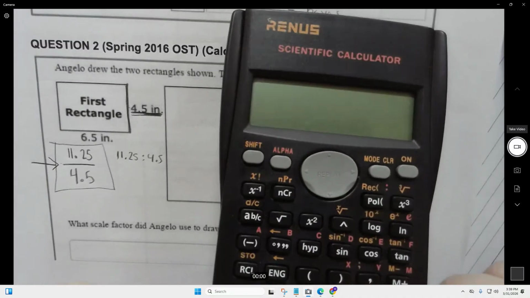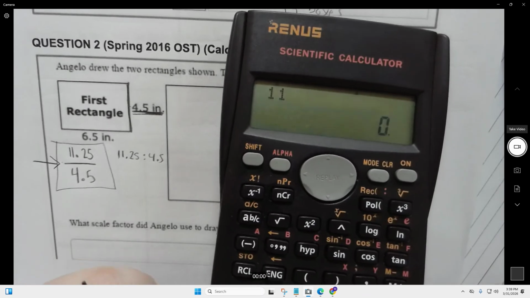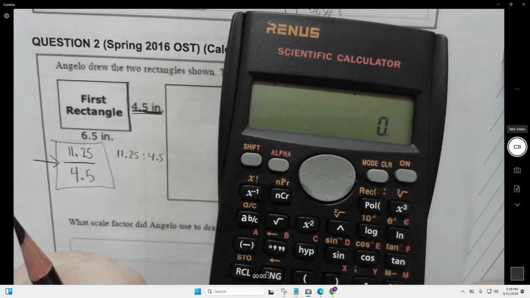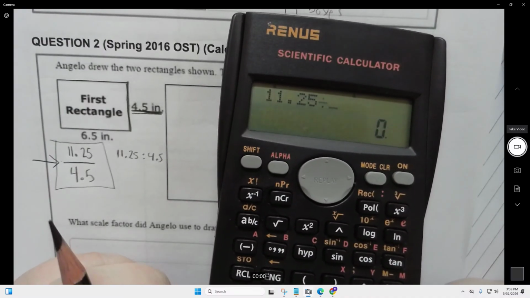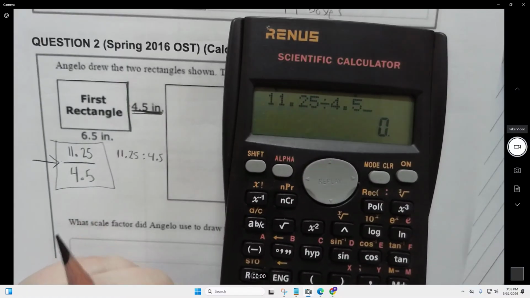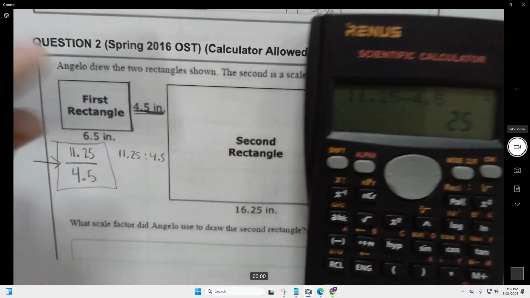So let's just take our calculator. We'll turn it on, because we're allowed it for this question. We have 11.25 divided by, I just hit clear, 11.25 divided by 4.5. And you hit enter. And it tells you it is a 2.5 scale factor.